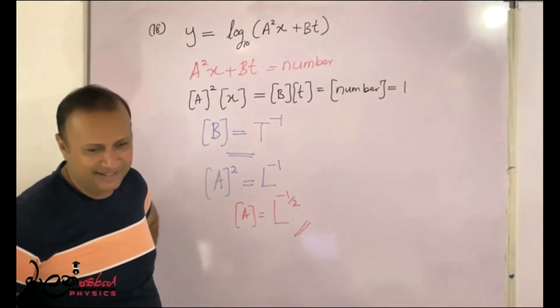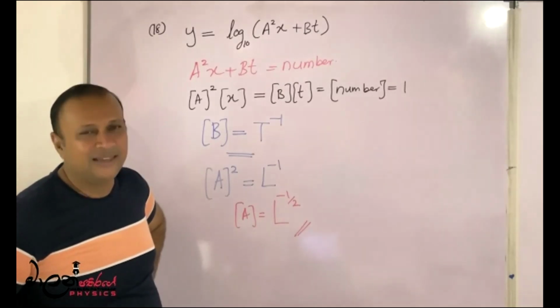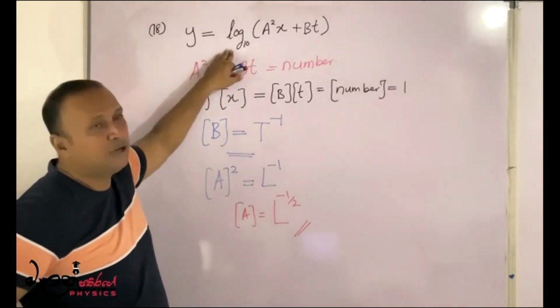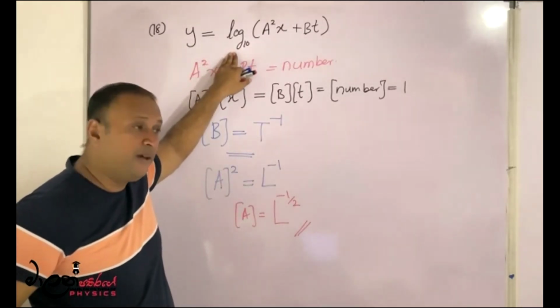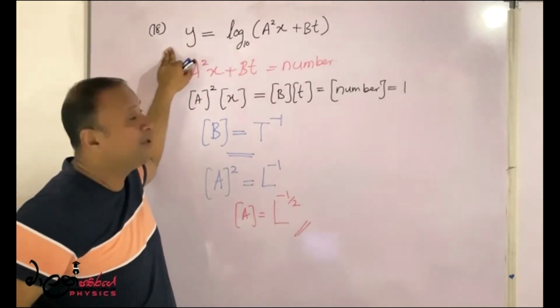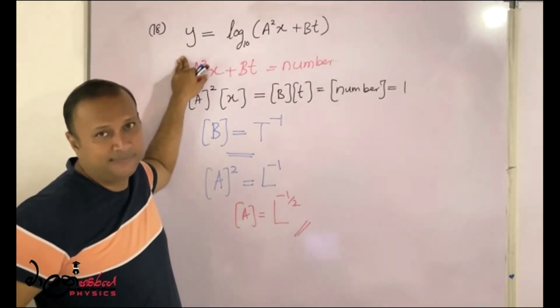Yes. Very good. That is equal to 1. That is equal to 1 because y is equal to a logarithm function. A logarithm function doesn't have a dimension. Therefore, the dimension of y should be equal to 1, or it doesn't have a dimension.